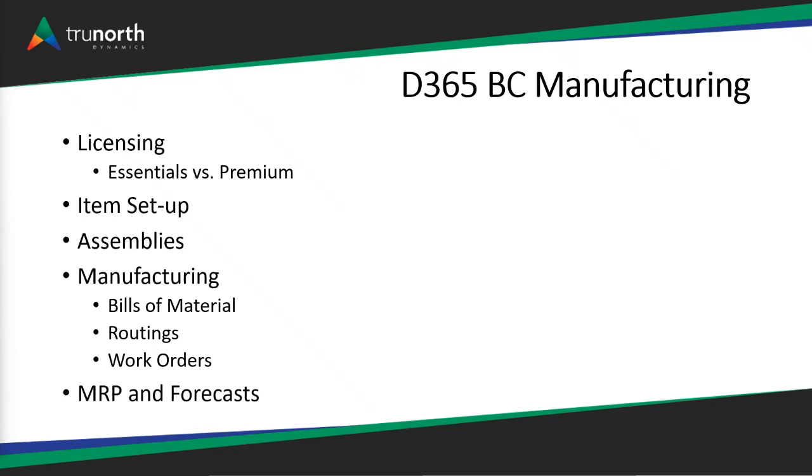Within manufacturing itself, we'll talk about the bills of material, the routings, and the various work order types that are possible inside Business Central's manufacturing. And finally, we'll talk a little bit about MRP, material requirements planning, and forecasting inside the system.